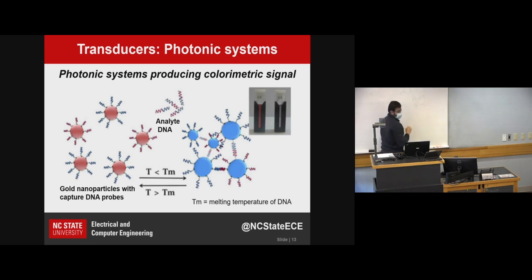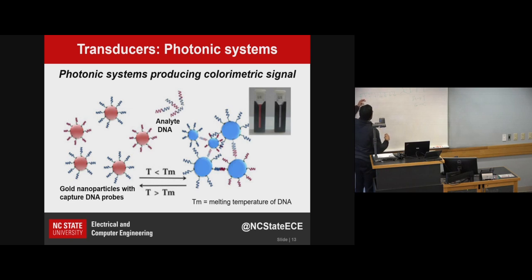Okay? Now let's say I have an analyte, a very simple analyte, which is T, T, T, G, G, G. I mean, they are not usually this simple, but that's just for argument's sake. Okay, this is my analyte.